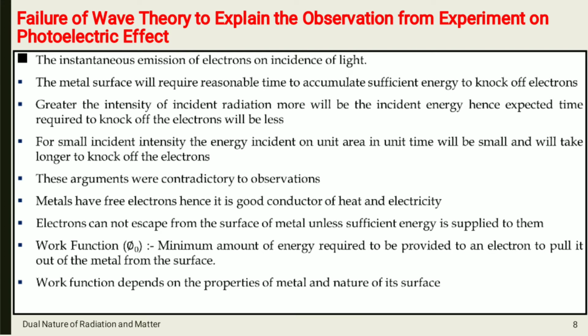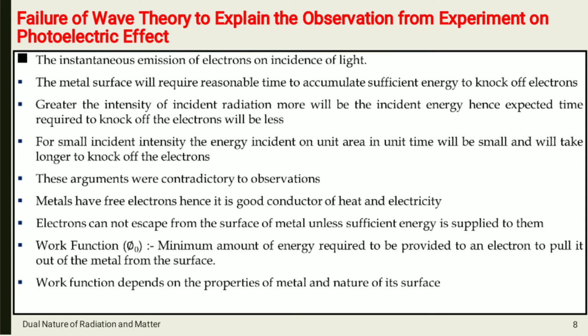As we have discussed before, when light or electromagnetic radiation of a particular frequency is incident on a metal surface, that metal emits electrons at that time only. There is no time lag between the emission of electrons and light falling on the metal.